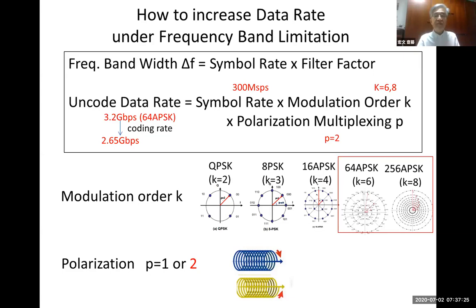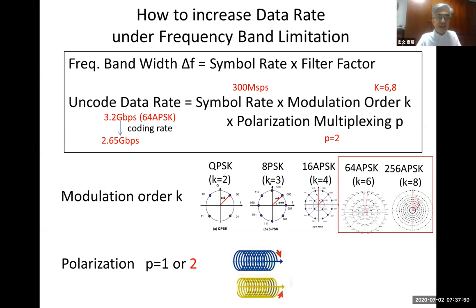And frequency bandwidth delta F equal to some symbol rate times a kind of filter factor. And uncoded data rate is symbol rate times modulation order K times polarization multiplexing P.